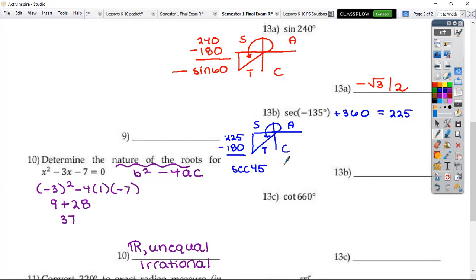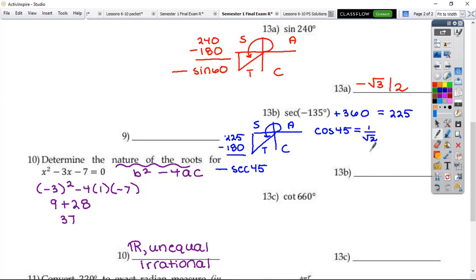Secant is a reciprocal of cosine, meaning in quadrant 3 it is negative. So you're going to pull the cosine of 45 and then flip it. The cosine of 45, unrationalized, is 1 over radical 2.